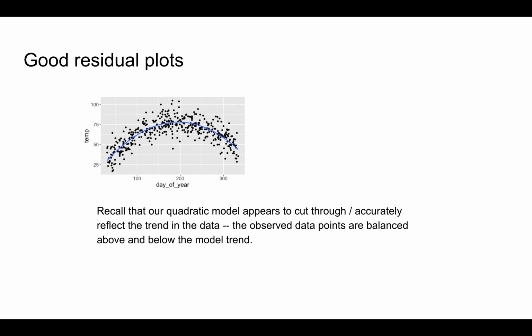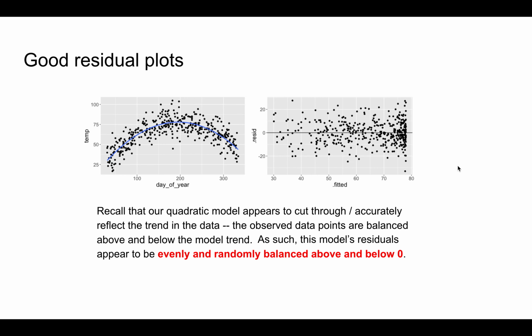But luckily, not all models are so bad. Recall that our quadratic model appears to cut through, thus accurately reflect the trend in the data. Across the entire model, the observed data points are balanced above and below the trend. Correspondingly, then, this model's residuals appear to be evenly and randomly balanced above and below 0 across this trend.